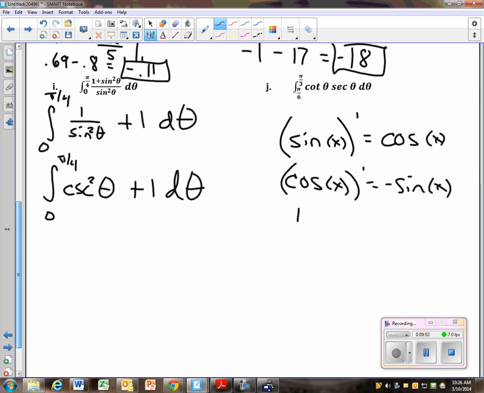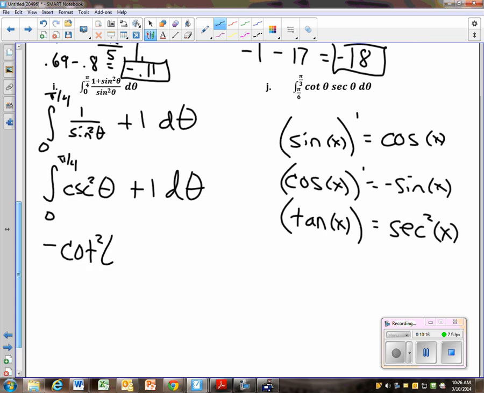What if we have tangent of x? What's the derivative of tangent? Secant squared of x. So, what do you take the derivative of to get negative cosecant squared? It's cotangent. So the antiderivative here ends up being negative cotangent of theta.